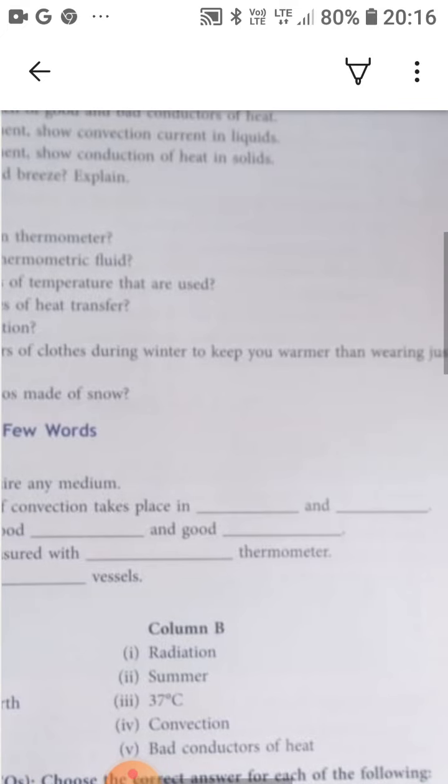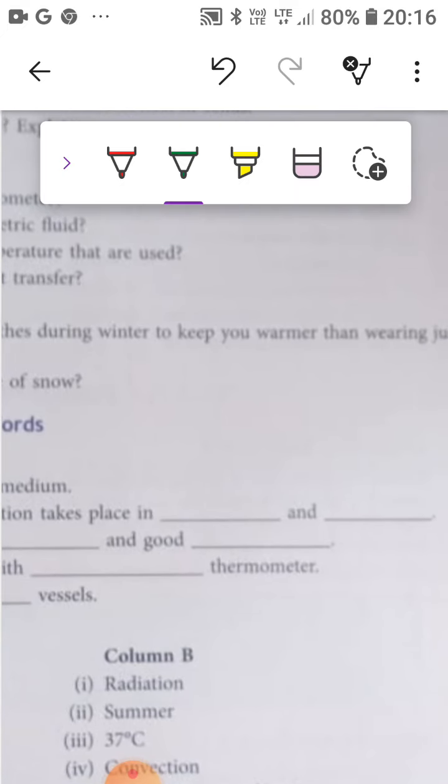Now in the next, second, heat transfer by a process of convection takes place in liquid, I am writing in short form, and gases, but you don't have to write it in short form.